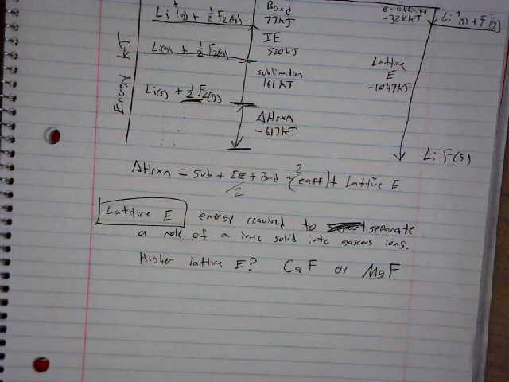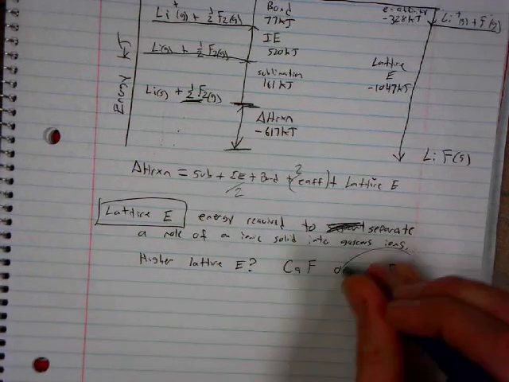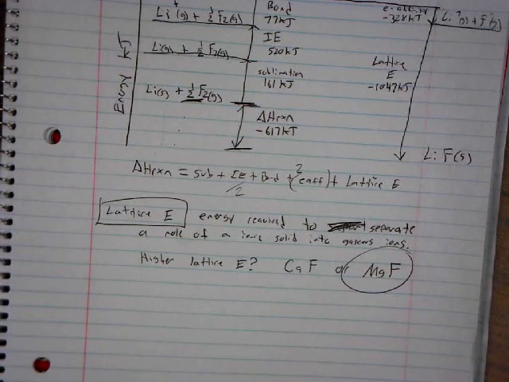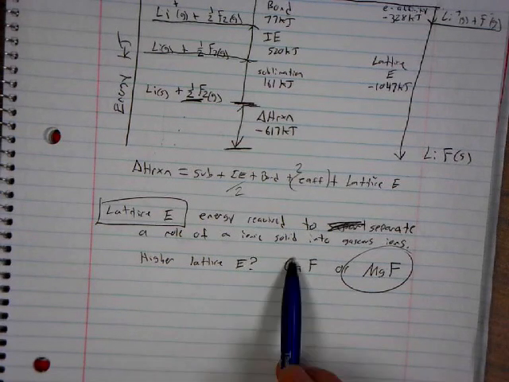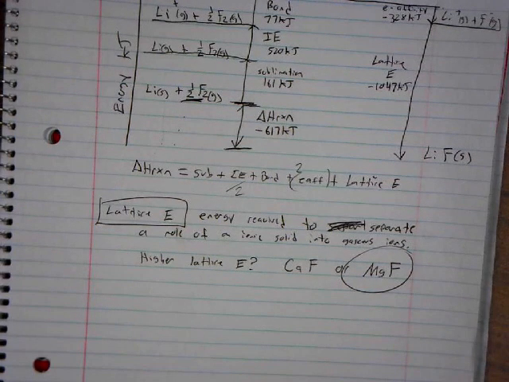Pretty cool. Fluorine's the same in both, yes? Okay, so it's going to be harder to separate it if something is closer together, yes? So it's magnesium fluoride, right? Magnesium is smaller and more tightly bound to the fluorine than the calcium is.